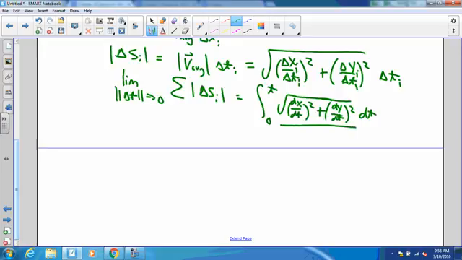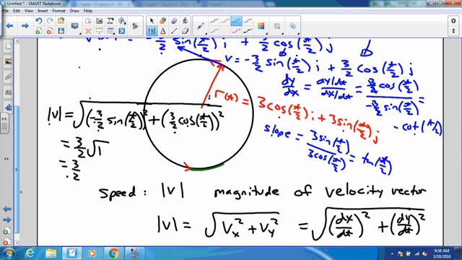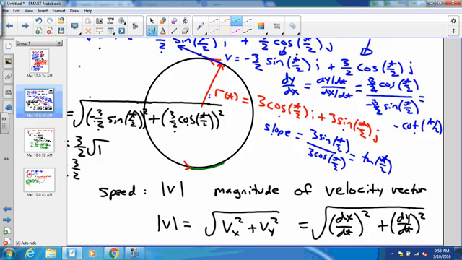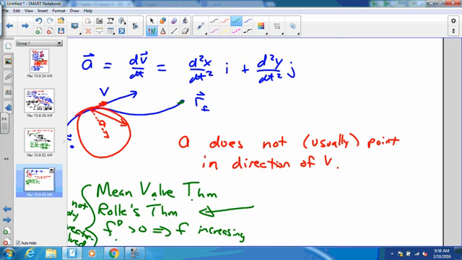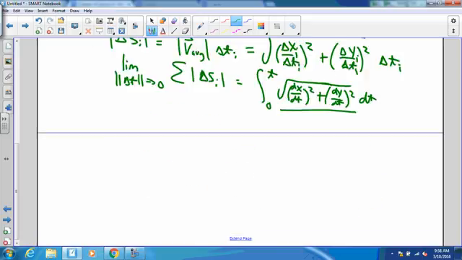Well, we approached all of this from the perspective of finding arc length or distance along the curve. But now take a look at the quantity that is our integrand. What is that? It is the speed of the object.